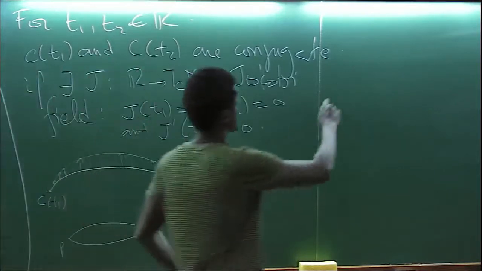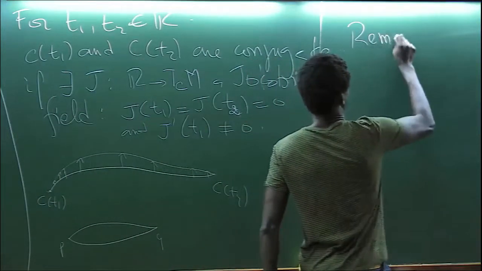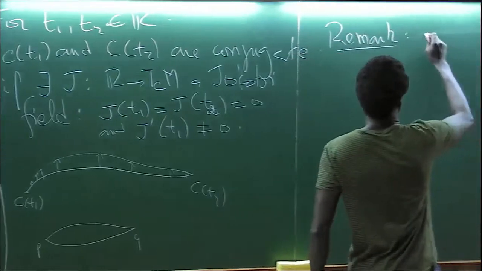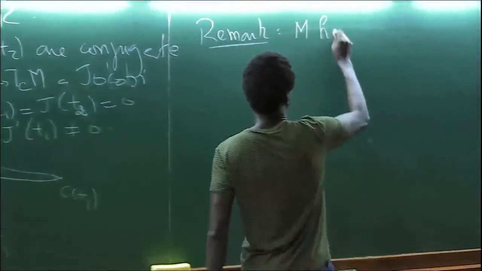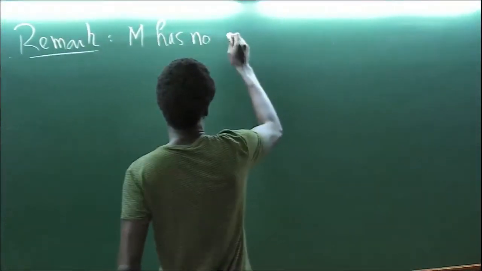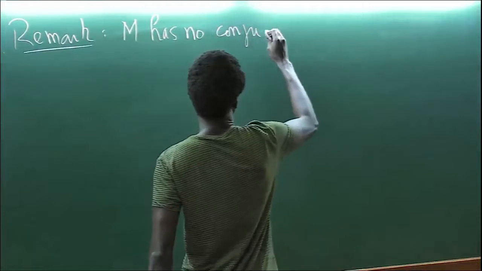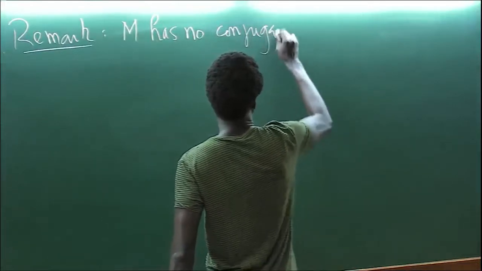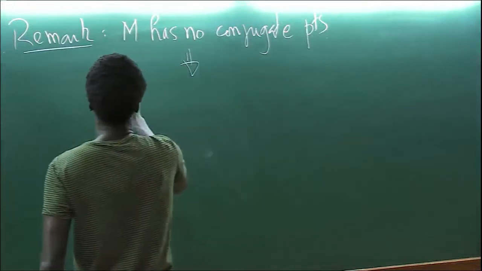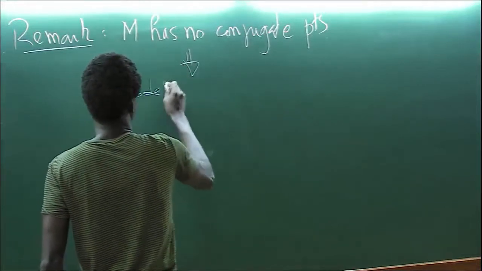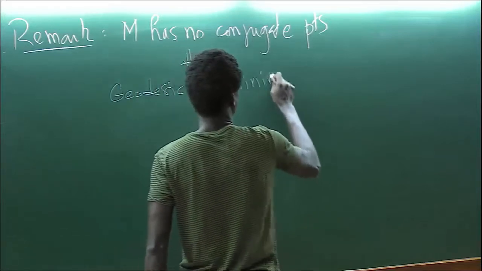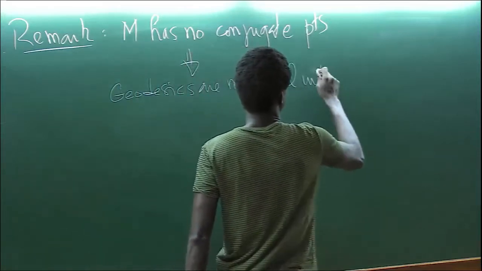But actually, there is this remark. If M has no conjugate points, this implies that geodesics are minimal in the universal cover, in M tilde.